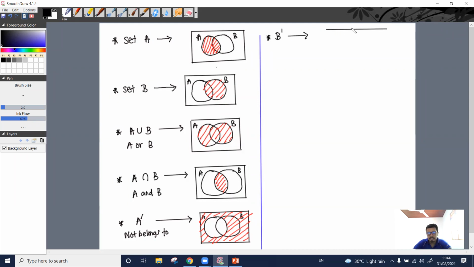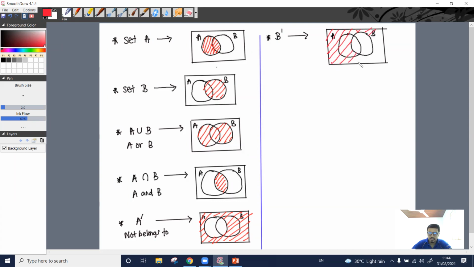Area that does not belong to B. This is A, this is B. If it is B dash, it means the area does not belong to B. The remaining area.